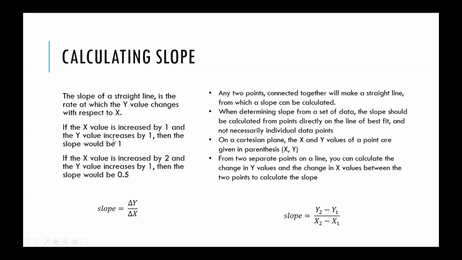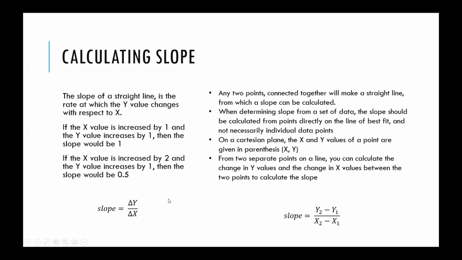So as I just mentioned, the slope is the rate of change at which the y values change with respect to the x values. A slope of 1 would mean that every time x increases by 1, y also increases by 1. Calculating the slope is termed the change in y over the change in x.